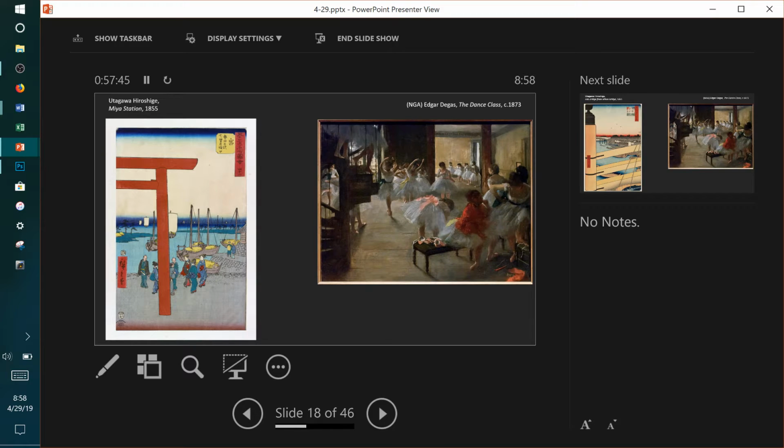Now look at Degas, and look at the floor, and how the floor moves back, and as it moves back, it also sort of moves up into space. He's getting a lot of this from looking at non-Western art. In particular, Japanese art is huge for him.